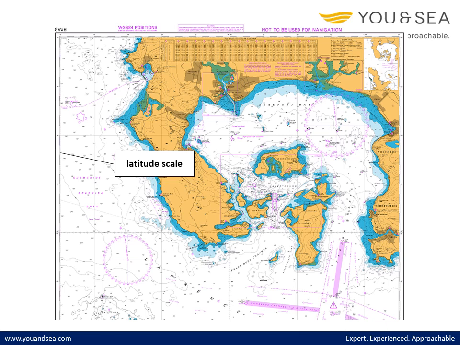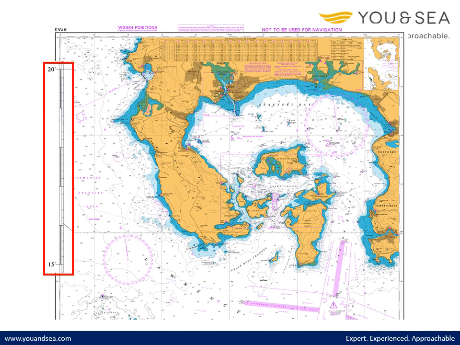Up and down the left and also the right side of the chart, we have our latitude scale. This is broken down into groups of minutes, so 15 minutes of latitude, 16, 17, 18, 19, and 20, with 1 minute of latitude being 1 nautical mile, and this is further broken down into decimals of 2.